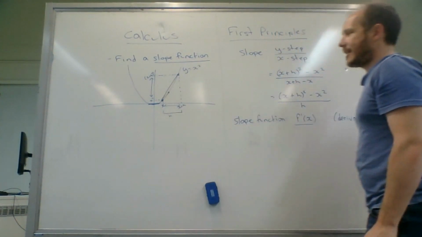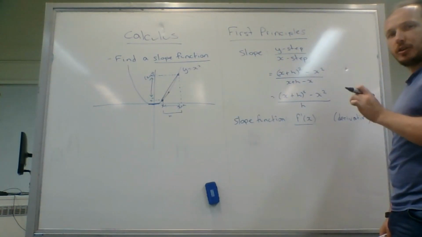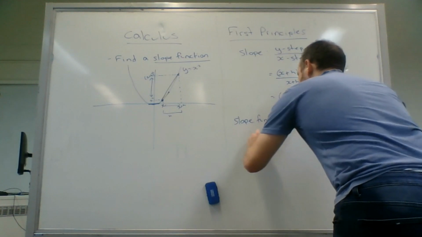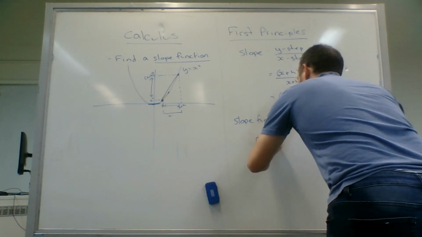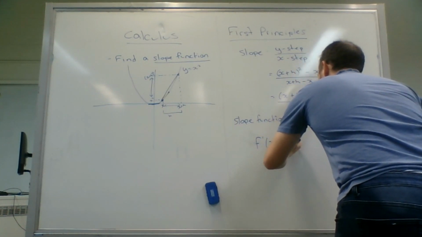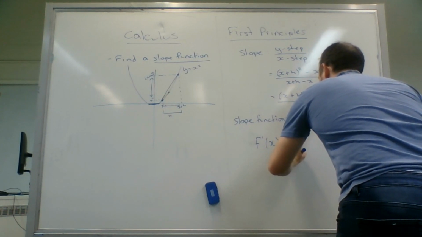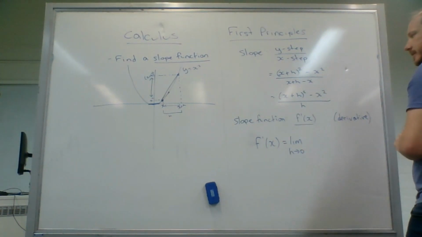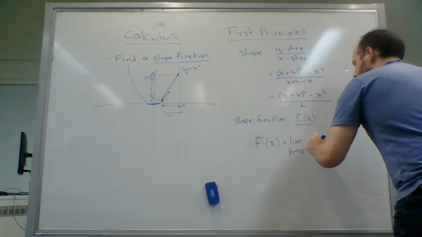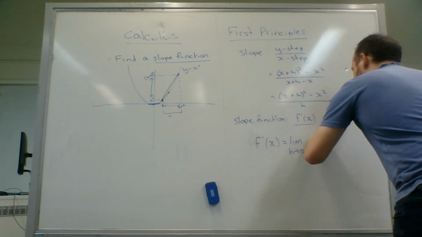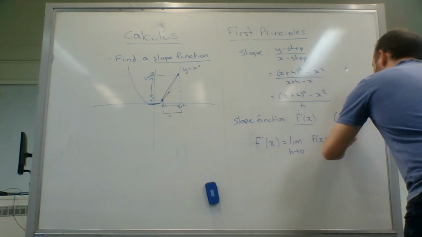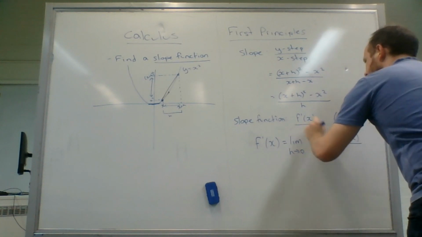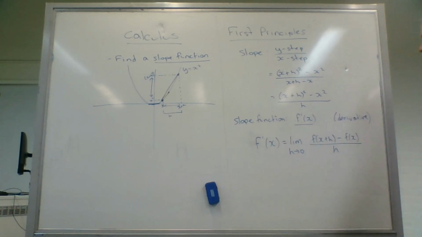Our slope function will be accurate at this point as h gets closer and closer to 0. So what we're going to say is that f dash x equals the limit as h approaches 0 of f of x plus h minus f of x over h.